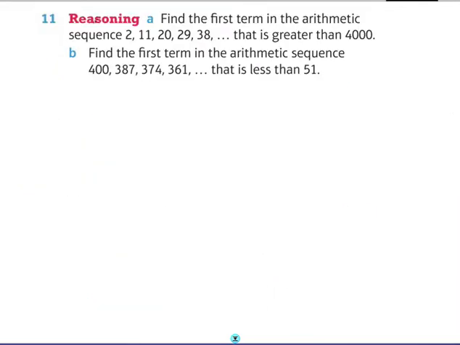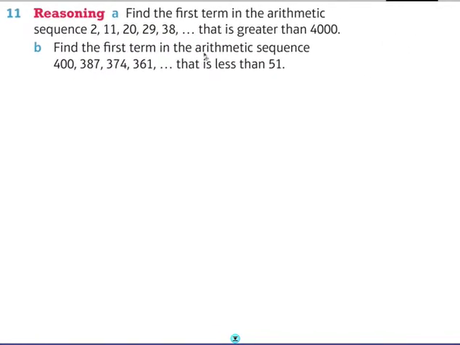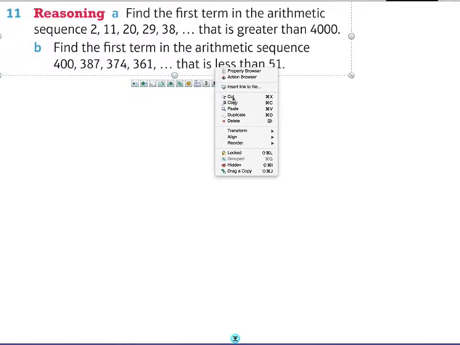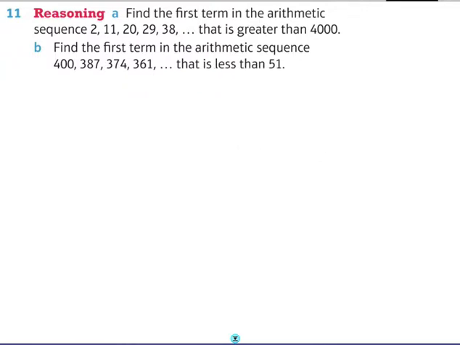Let's move on to question 11 as an example. 11a: find the first term of the arithmetic sequence 2, 11, 20, 29, 38 that is greater than 4,000. So again, the first thing you've got to do is work out the general formula of the sequence.